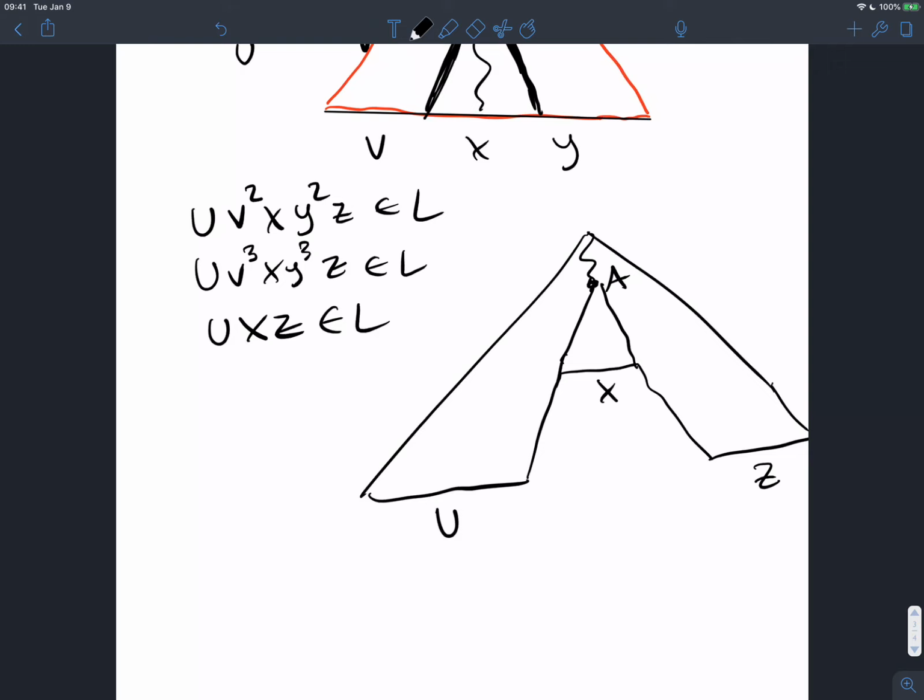So the same number of copies of V and Y. So from this we can deduce that if we put the same number of copies of V as Y, then we're always going to be in the language. Sorry? We're going to get to that. But you're right, yes. Any questions on that reasoning?